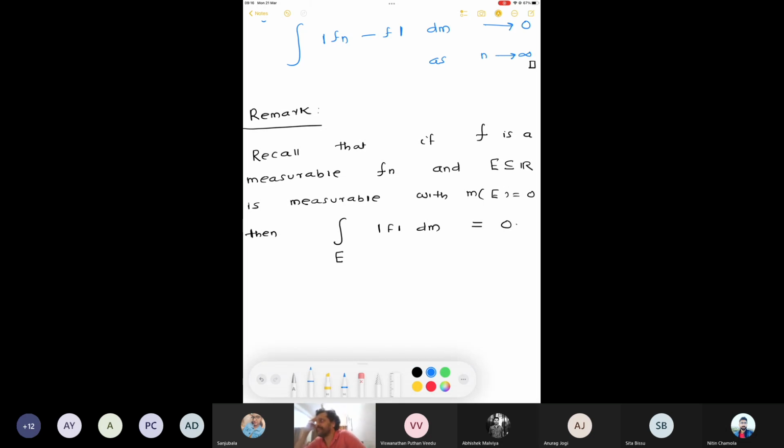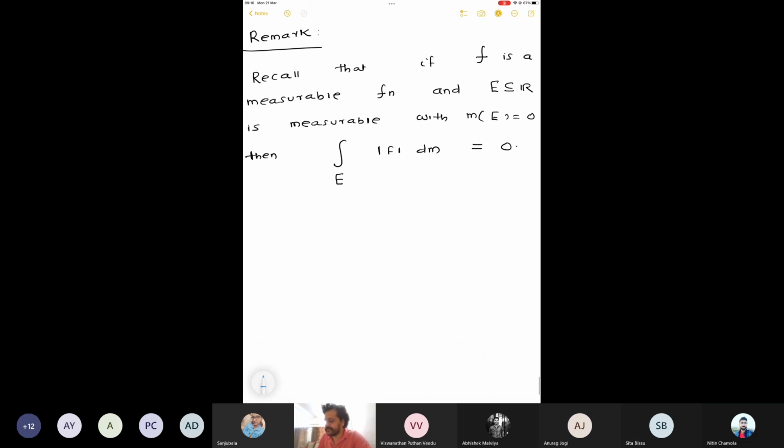Intuitive expectation: if measure of E is 0, the integral becomes 0. Therefore, if measure of E is small, we expect the integral to be small. Suppose measure of E is not 0, but small. Can we expect the integral over E of mod f dm is also small?